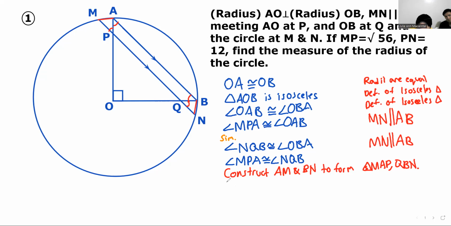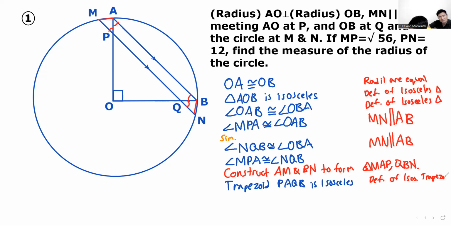So the trapezoid PAQB is isosceles, an isosceles trapezoid.